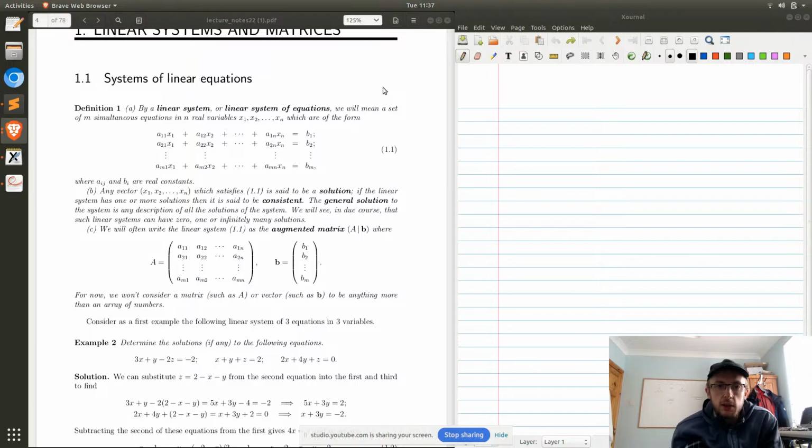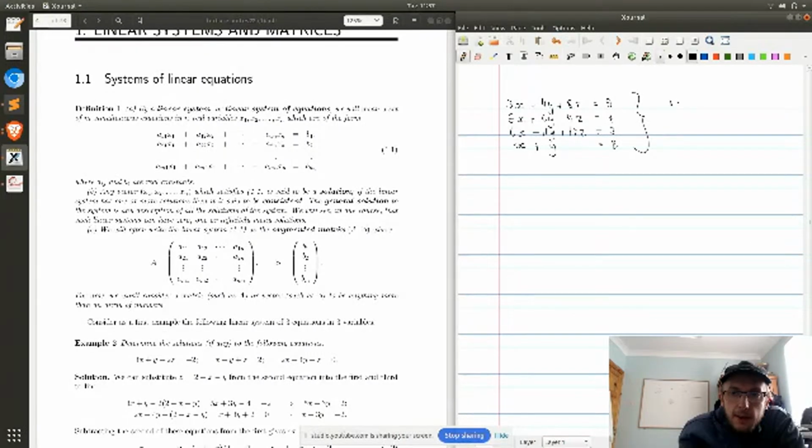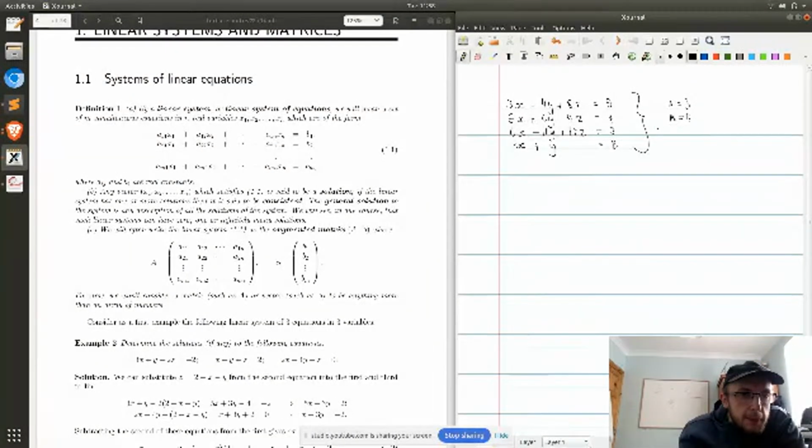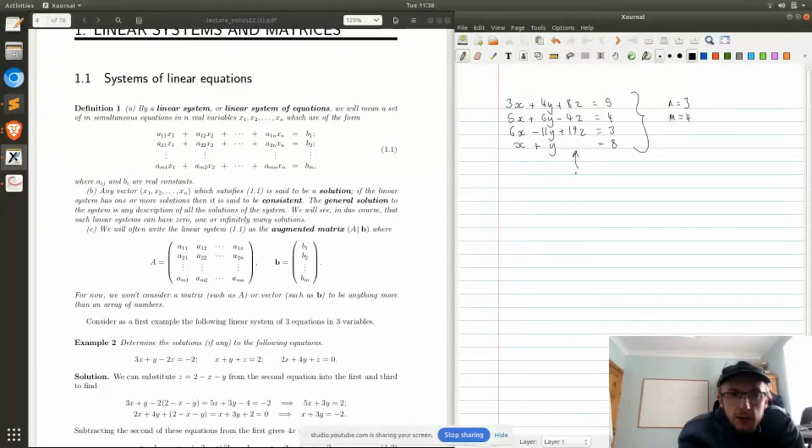Okay, so a concrete example: n equals 3, that's the number of variables, and m, the number of equations, is 4. Notice here the indexing, so it's that way round, mn.